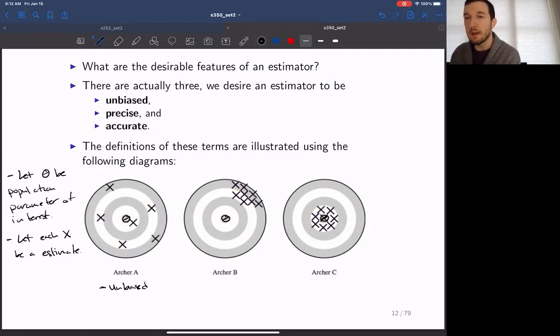Okay, so the idea of being unbiased means that if you were to compute the average of the estimate across all possible estimates, you would end up at the true value.